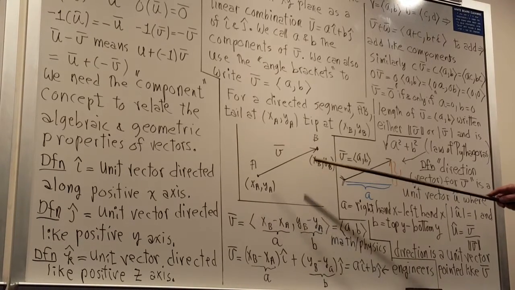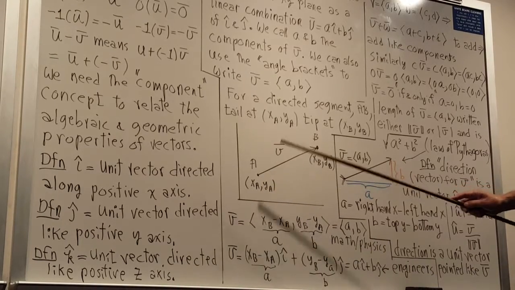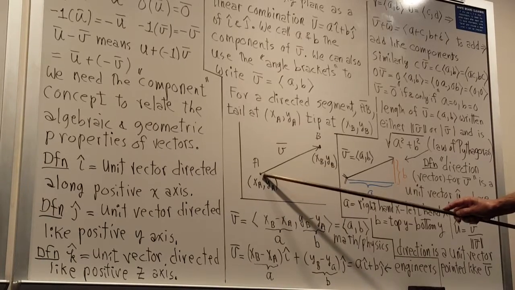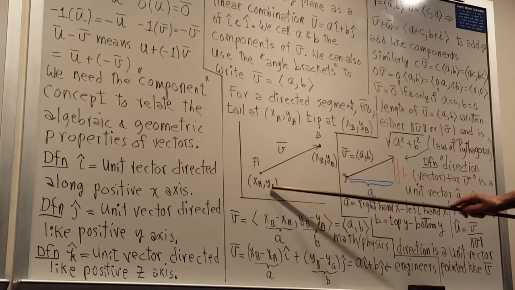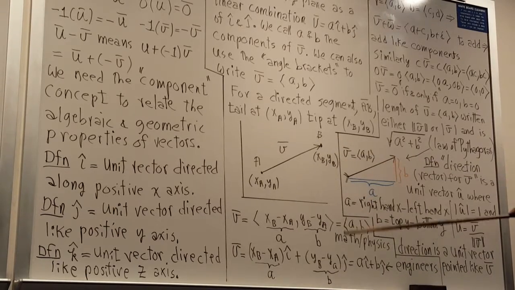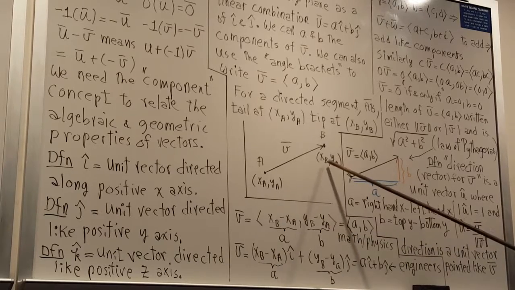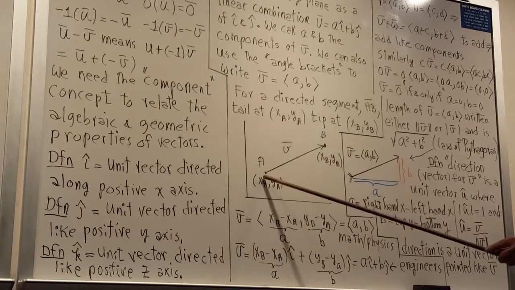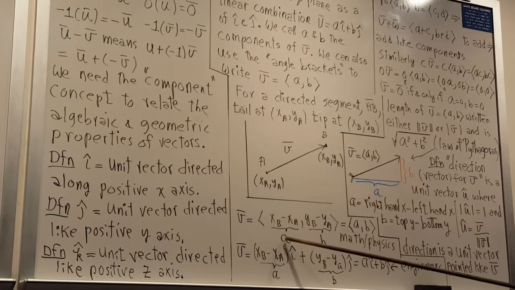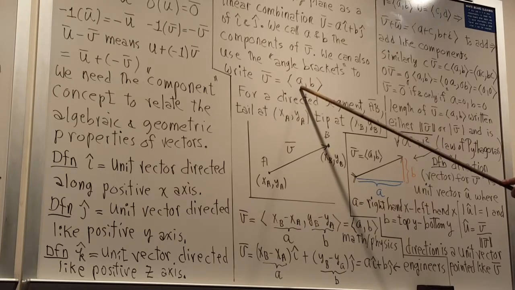Okay, so the way that you represent a vector in component form, when it is from point A, for which you have the coordinates, to point B, for which you have the coordinates, is like this. You take the right-hand x minus the left-hand x, and that difference would be the a, that would be here.